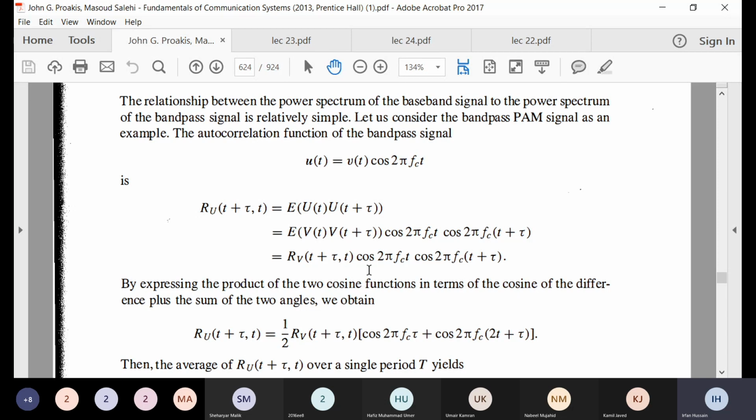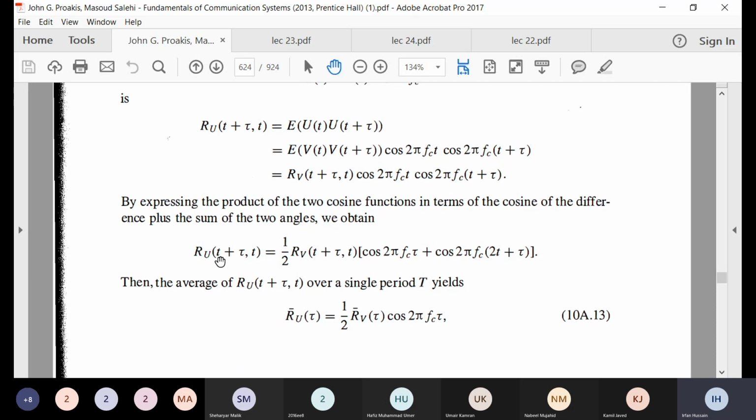So what I can do is write these products of cosines as a sum, which we have done. Again, they are a function of t and tau. So I take the average value, I integrate this with respect to dt over the time period T.